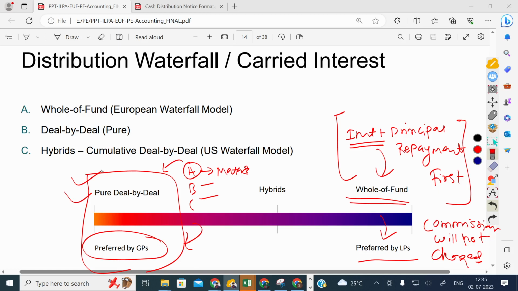And here hybrid, it means cumulative deal by deal model. Again, it's a deal by deal model, but hybrid. So let's see. I see this is the first time. Cumulative, how it works, I'll have to check it. The US waterfall model, US means this deal by deal model. That is your US model.